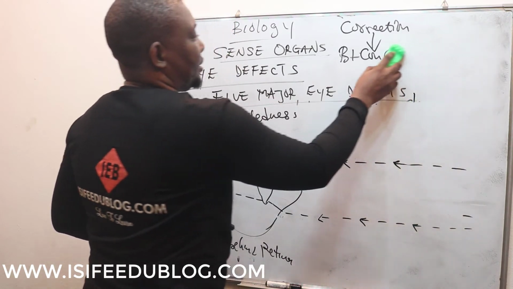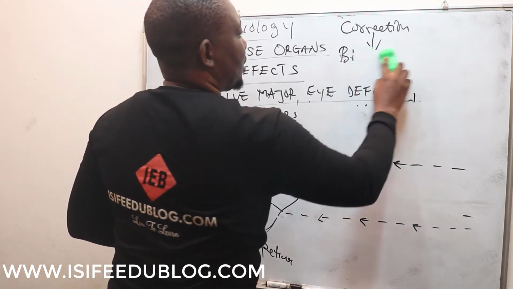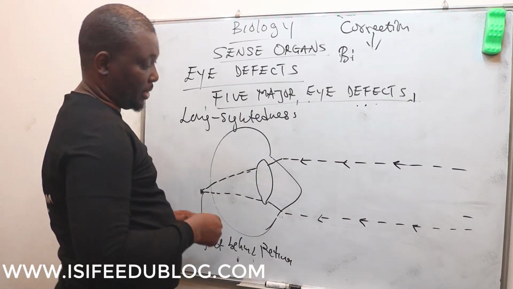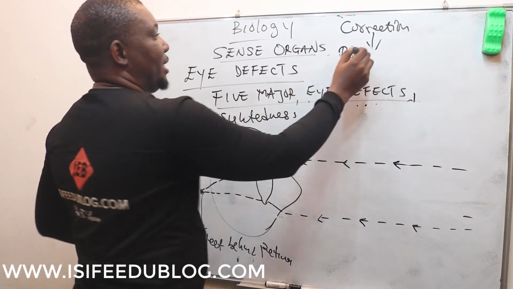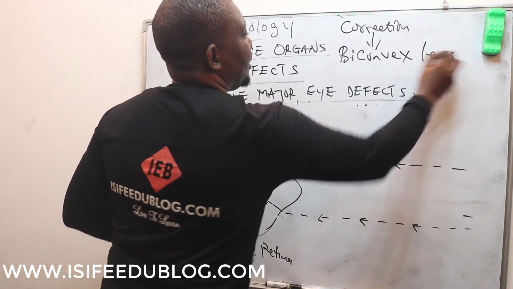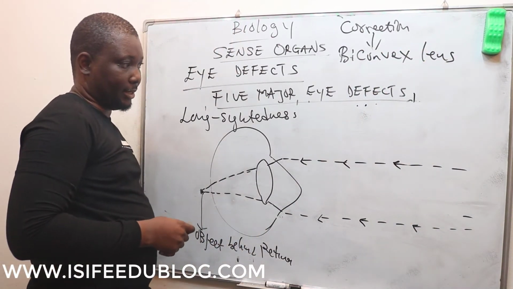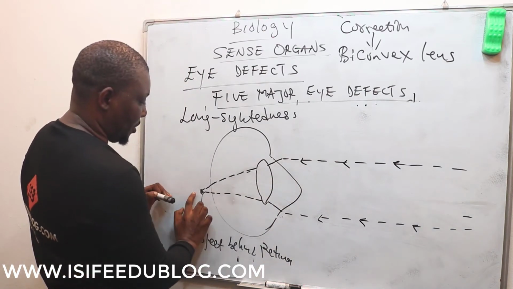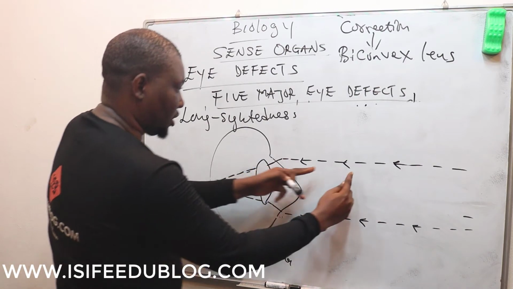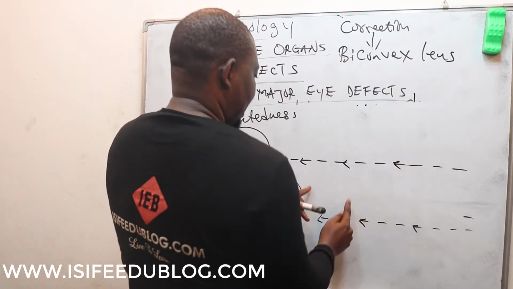We can correct long-sightedness by wearing spectacles with a convex lens. Let me show you how this can be corrected. It's just a little correction. Just place a lens here.